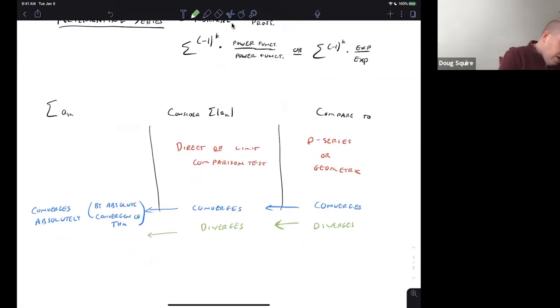So as long as the limit of the sequence is zero, this will converge conditionally by the alternating series test. Does that make sense to everybody?